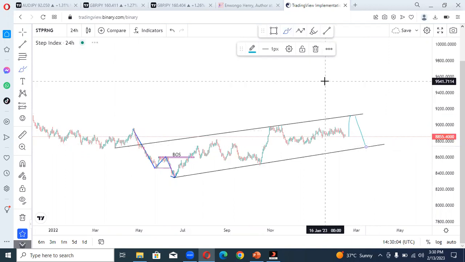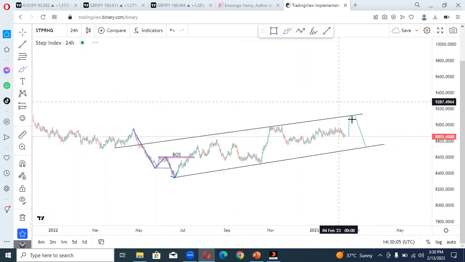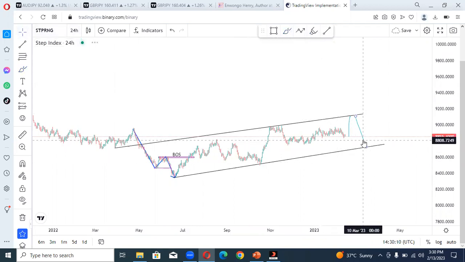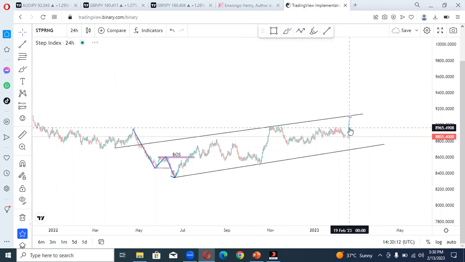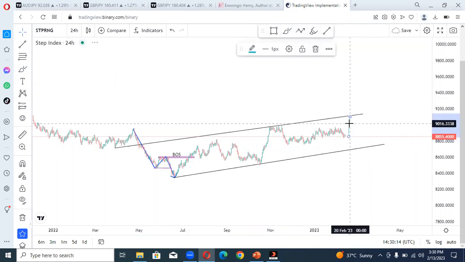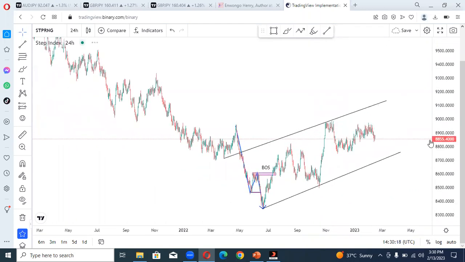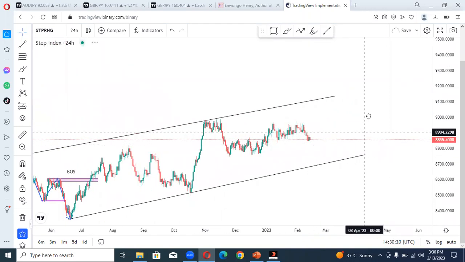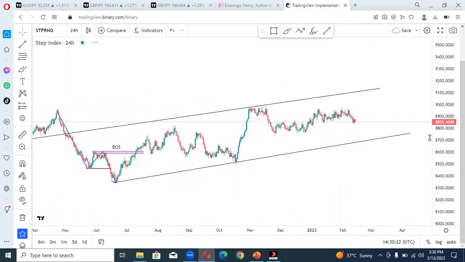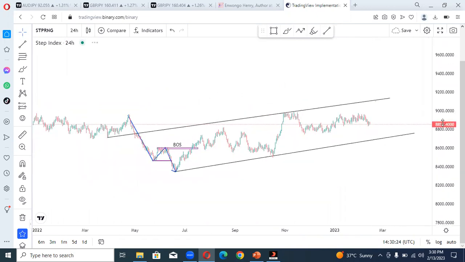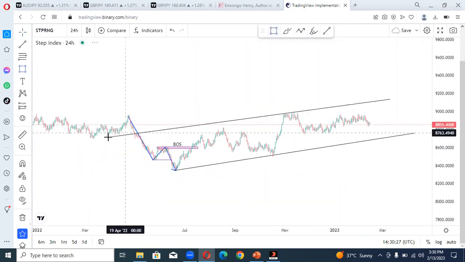But if it doesn't work that way, what I'm going to do is wait for price to give me a very clear signal. So how am I going to do that? I'm going to look out for my support and resistance zones in this channel right now.